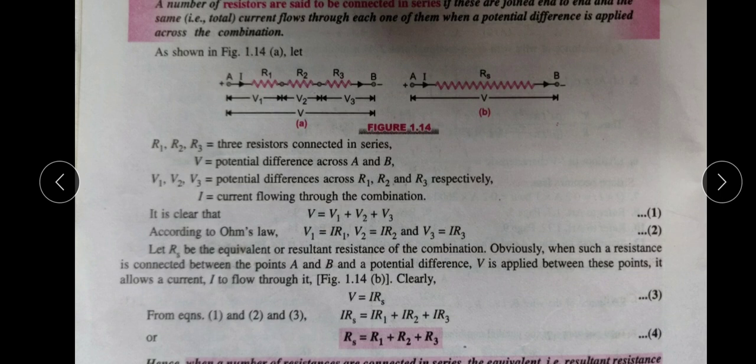Then we replace V1 as I into R1, V2 as I into R2, similarly V3 as I into R3. So we cancel I. Then we get Rs equal to R1 plus R2 plus R3.